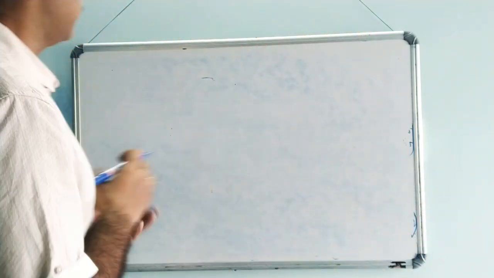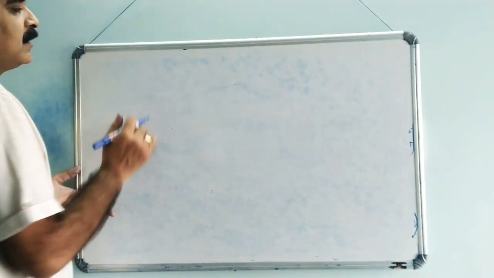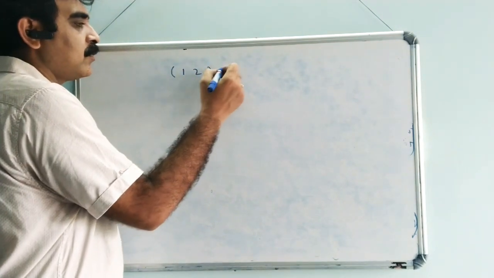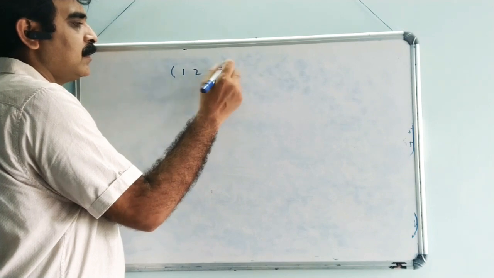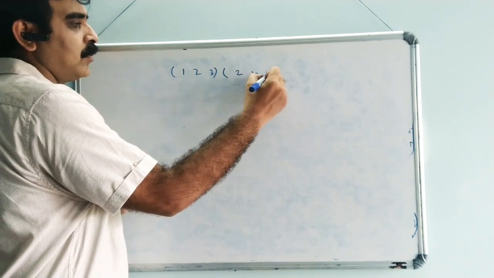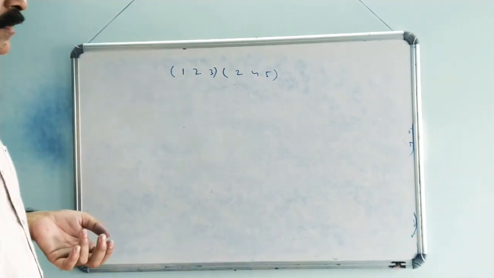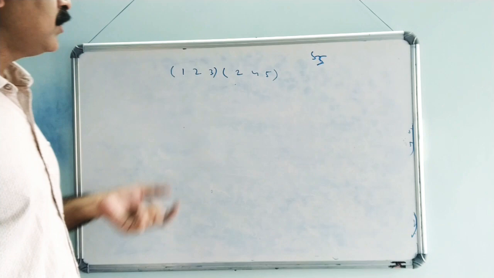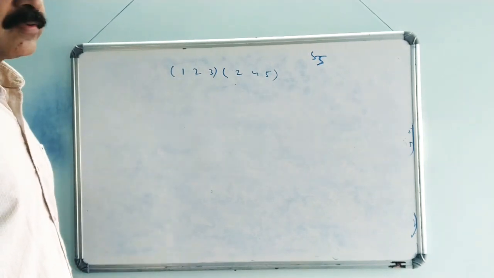Now, I mention another result here: whether the product of non-disjoint cycles commutes. Suppose we take the cycles (1 2 3) and (2 4 5) in S5, and we want to check whether these cycles commute.